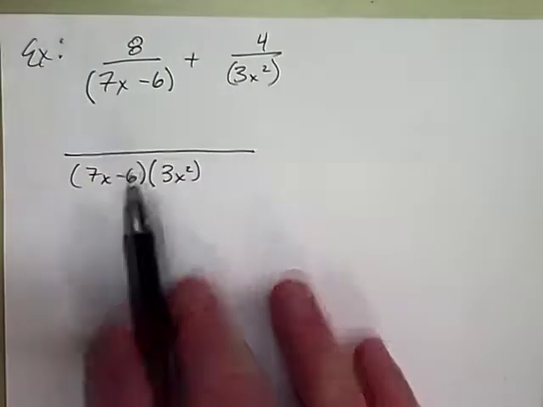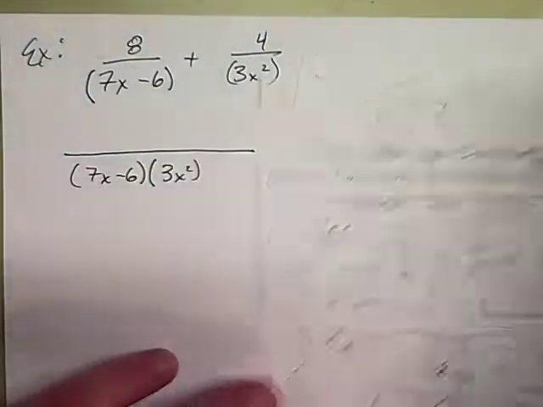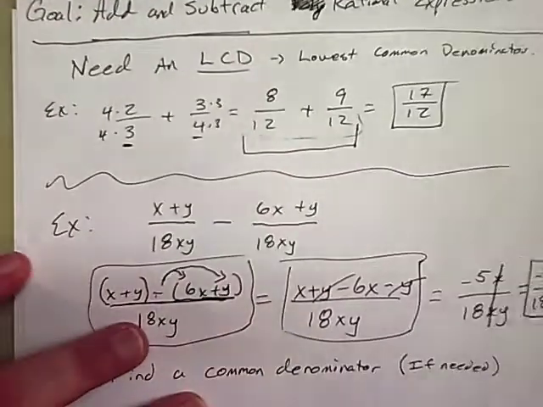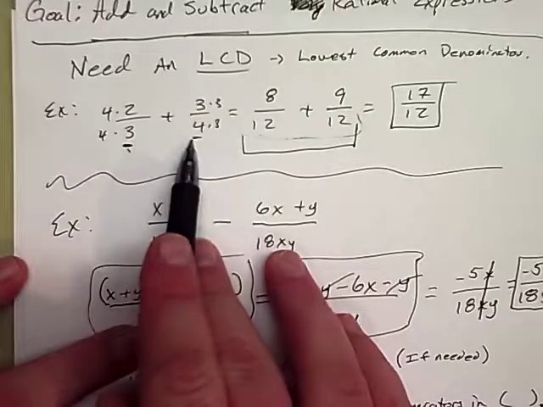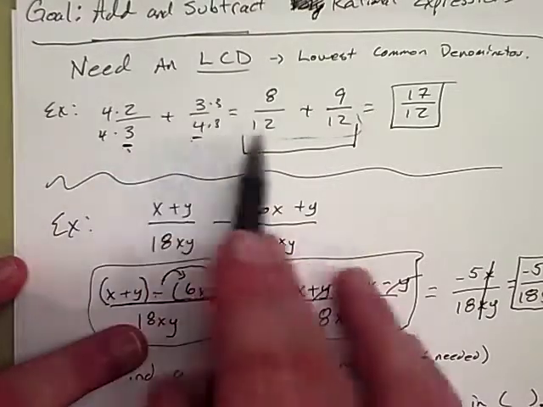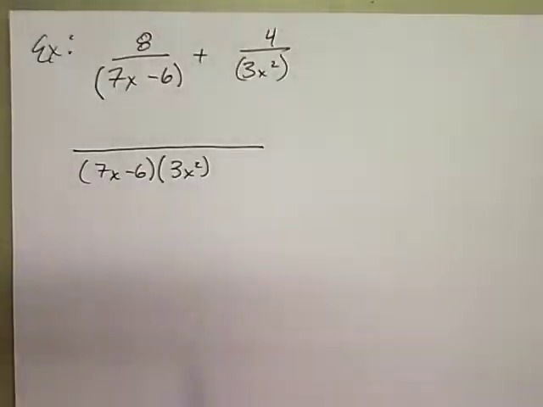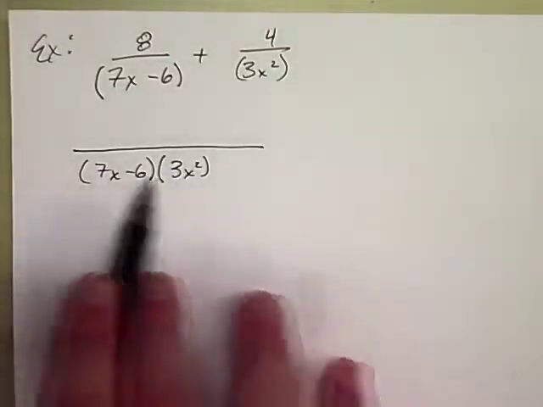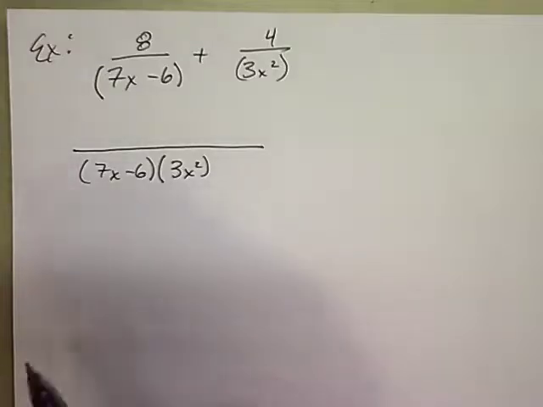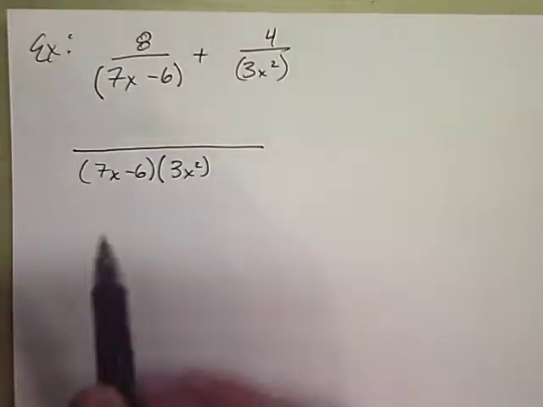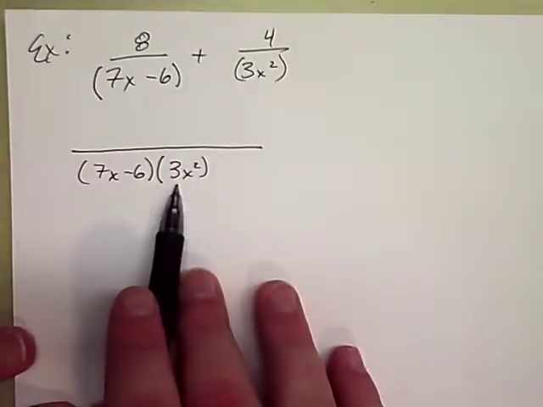So this is a whole lot like our original example. So the 3 and the 4, well, what did we do at 3 and 4 to get to 12? Well, we just simply multiplied them together. But pay attention, I'm not going to distribute the 3x squared here. I'm going to leave the denominator in factored form.